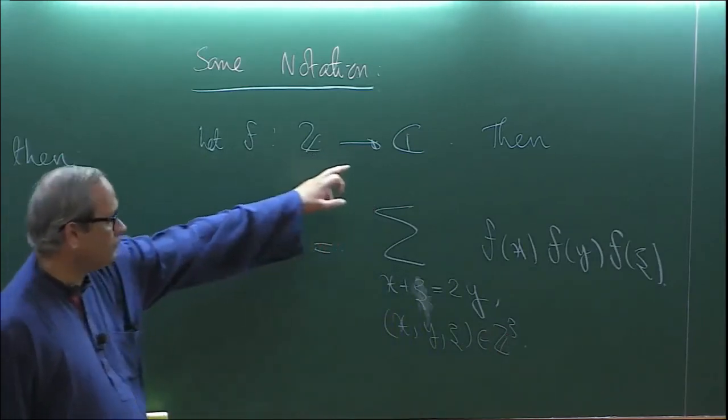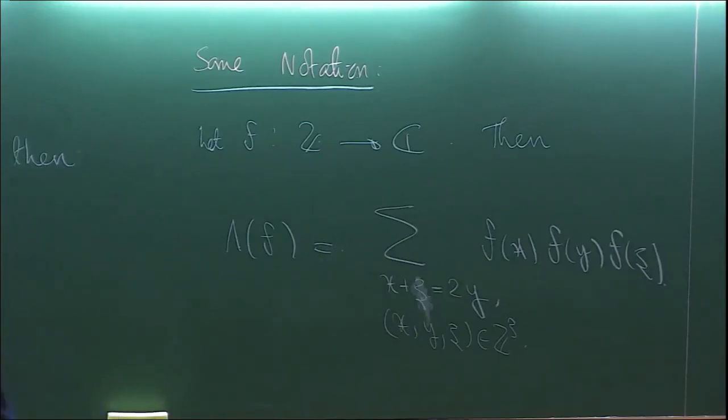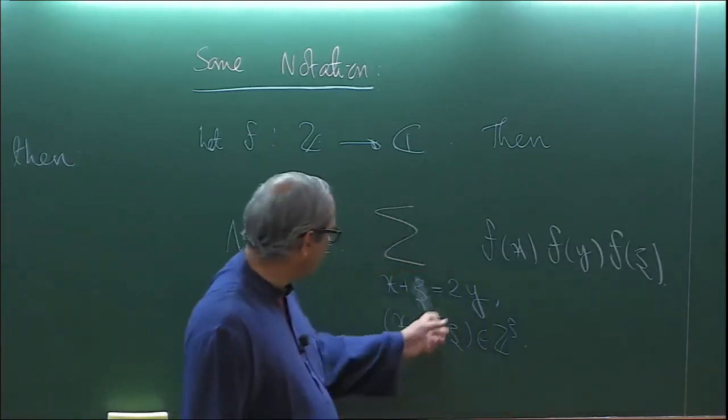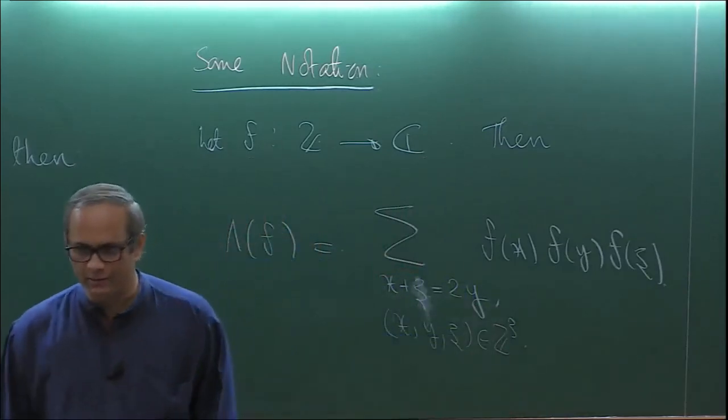So given any function from Z to C, lambda f will count the total 3-term arithmetic progressions weighted by f. This sum here means that it's the sum over all triples which satisfy this condition.